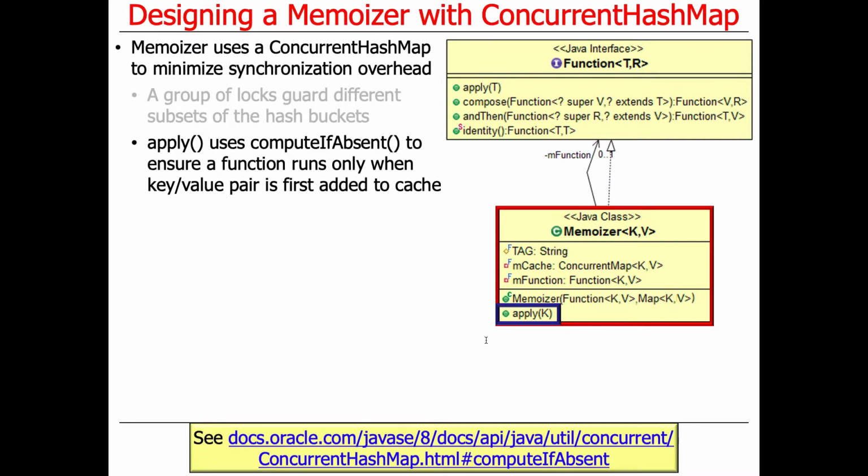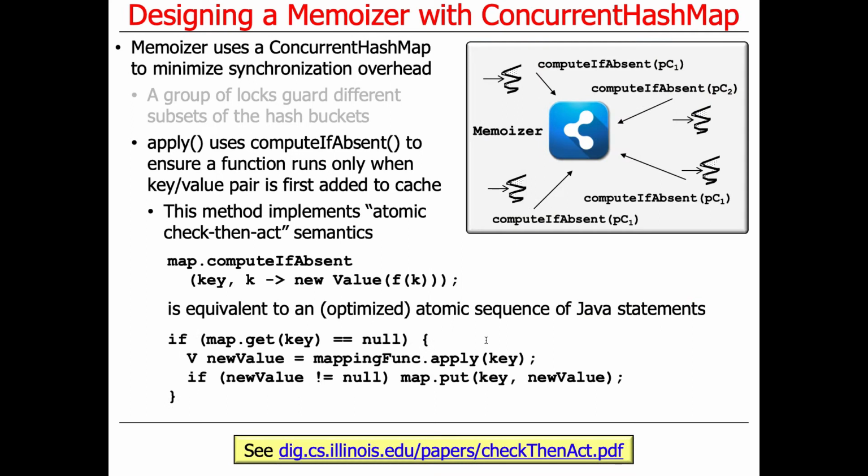Under the hood, the apply method defined by the memoizer uses the computeIfAbsent atomic check-then-act method on concurrent hash map. So this basically ensures that a function is only run once whenever a key-value pair is first added to the memoization cache.